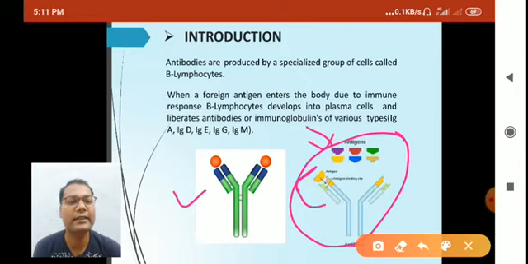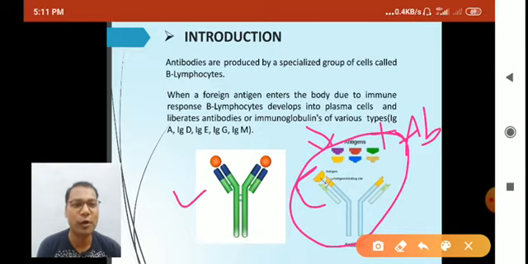When an antigen enters our body, due to the immune response, B lymphocytes are produced that liberate antibodies or immunoglobulins. So antigen and antibody complexes are formed and the antigens are killed.